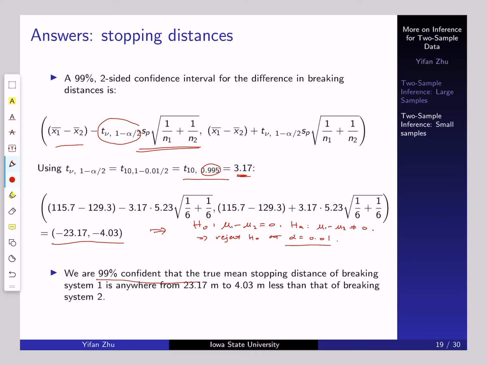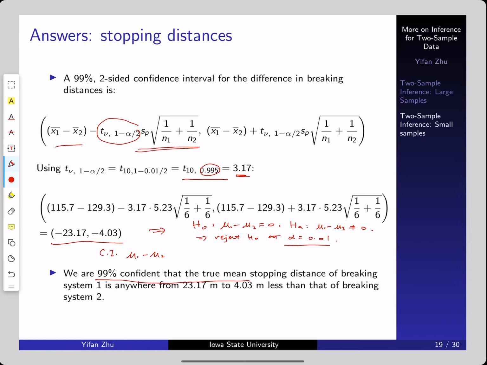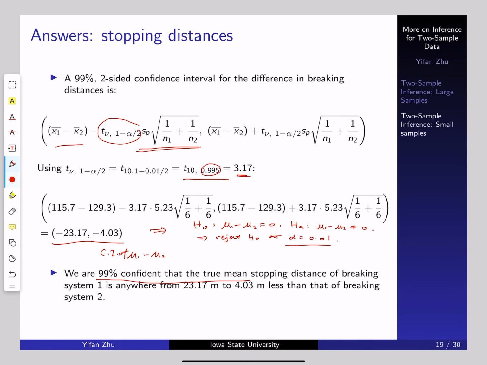We are 99% confident that, because now mu1 minus mu2 is negative, the confidence interval of mu1 minus mu2 has two ends that are both negative, so that means mu1 minus mu2 is less than 0. The stopping distance for system 1 is smaller than that of system 2.